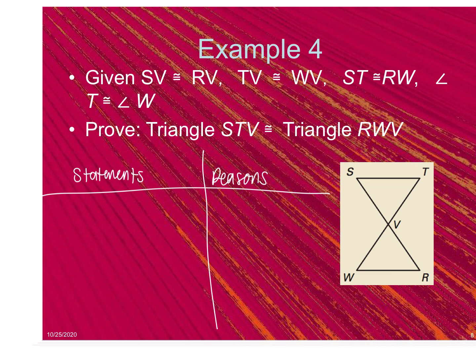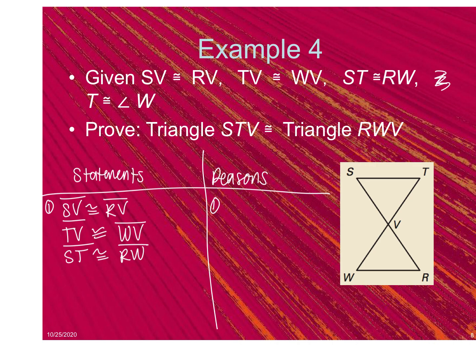Or what's my first reason? My given, so I'm going to write everything down that's given. So SV is congruent to RV. TV is congruent to WV. ST is congruent to RW.